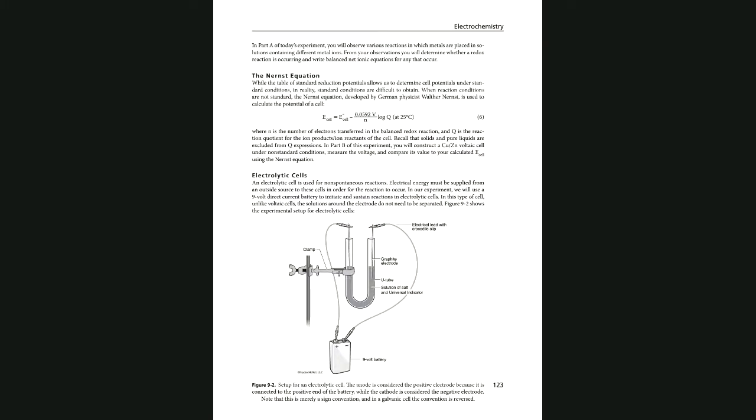For part C of the experiment, which is the electrolytic cell, the setup is going to be like a U-shaped glass tube. We are going to put two graphites connected to the battery, and then we place a solution. We apply energy from the battery, and we want to see, if we have sodium chloride, what is going to be oxidized and what is going to be reduced.